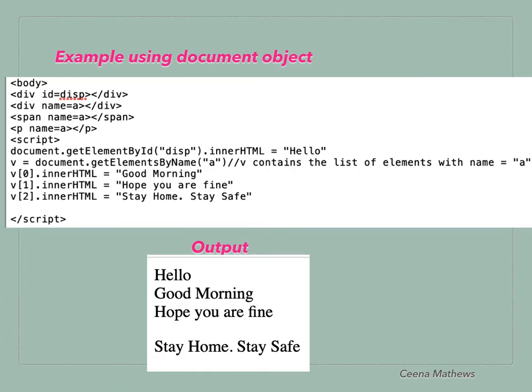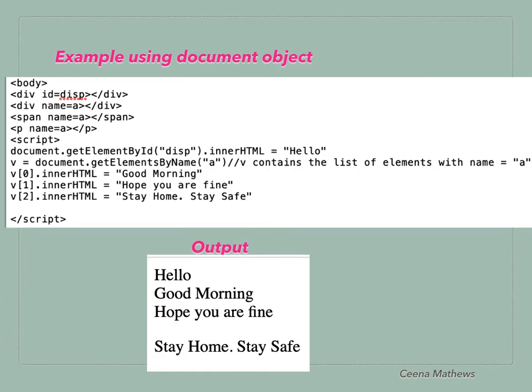Within brackets give the name, in this case it is A. So V is a variable that contains the list of elements with the name A. So getElementsByName will collect all the elements with the same name A into the variable V, and this variable V is represented like an array. So you can access each element like this.